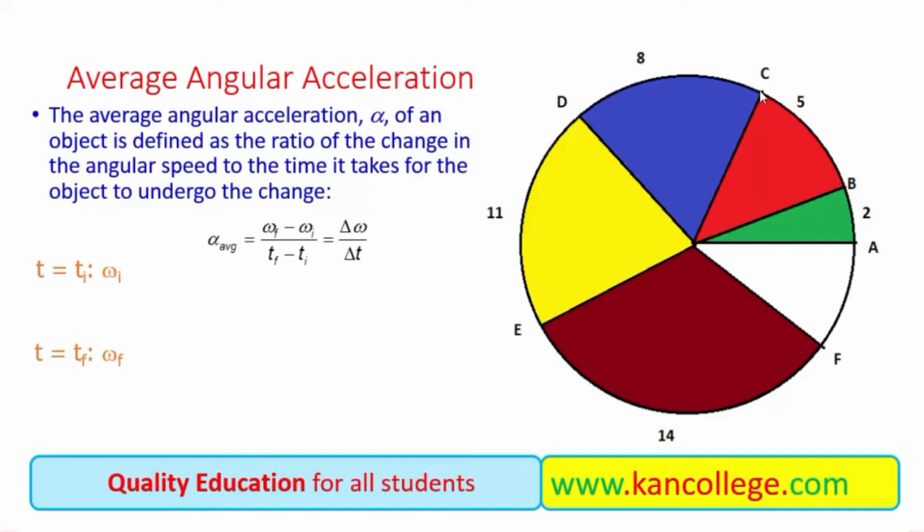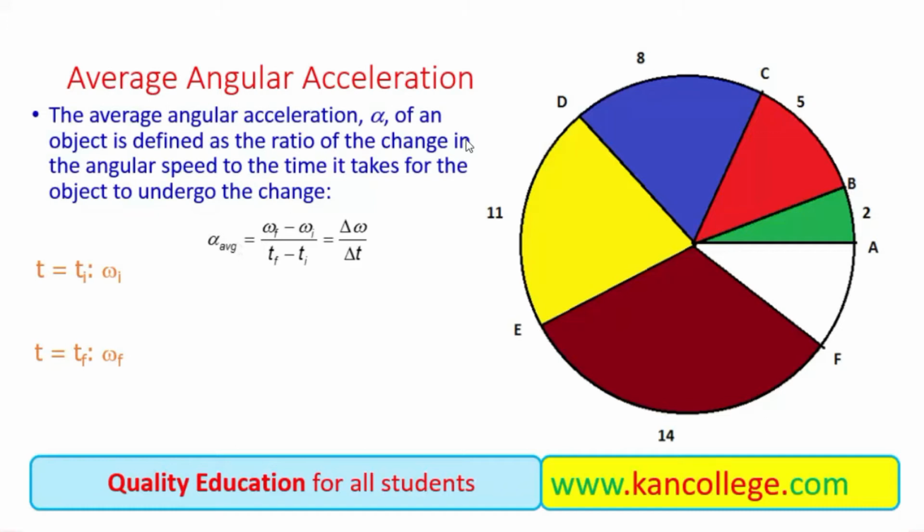It means in every second it increases its speed by 3 degrees per second. It increases its speed at the rate of 3 degrees per second, so it has an angular acceleration of 3 degrees per second squared.